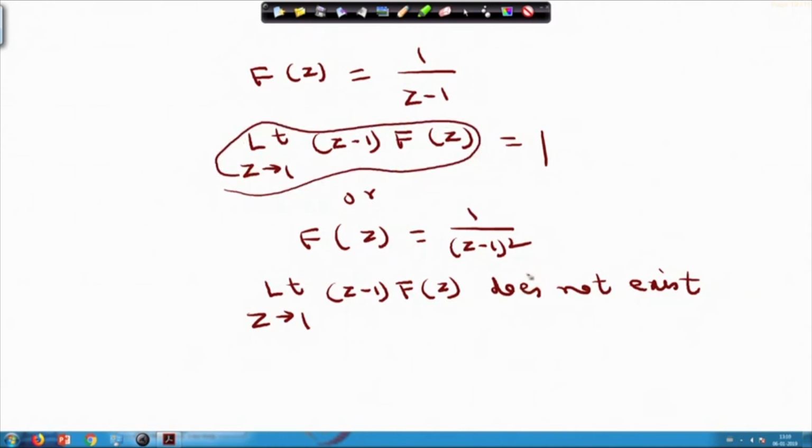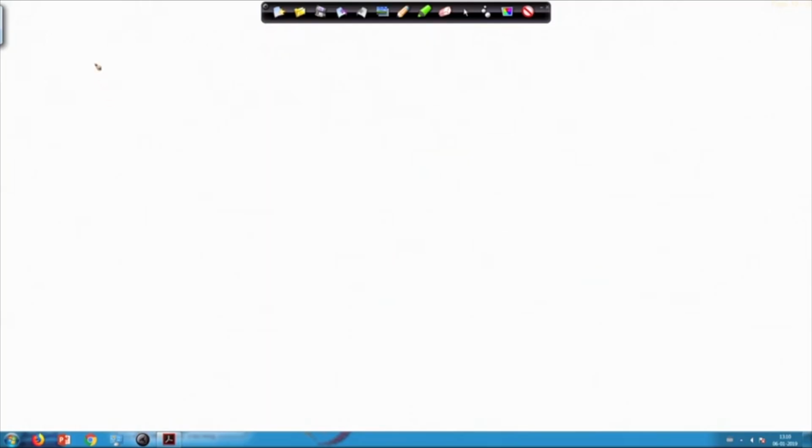So, these are the basic properties of the Z transform, and using these properties, let us now solve some problems quickly, so that you can better understand how to find the Z transform of various functions using the properties. The first is the Z transform of n cube, which we want to find.